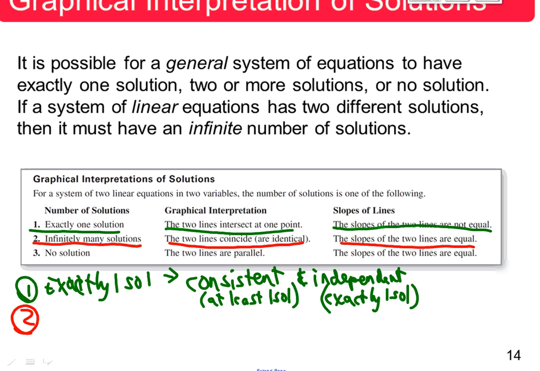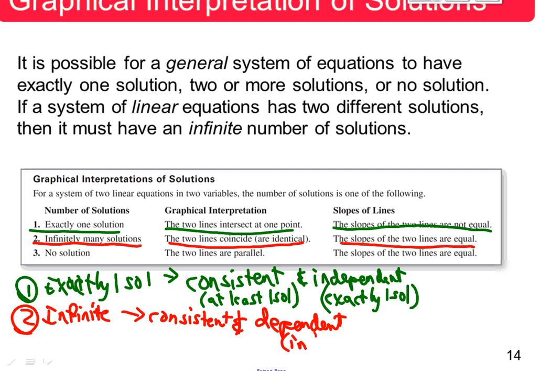This has an infinite number of solutions, so it's called consistent, but it's called dependent because one depends on the other.